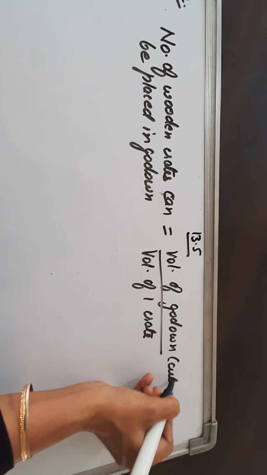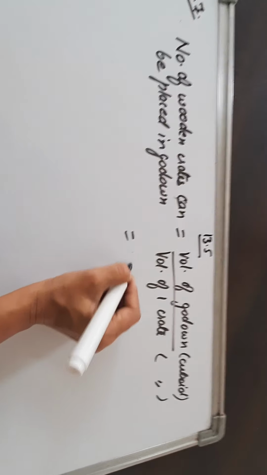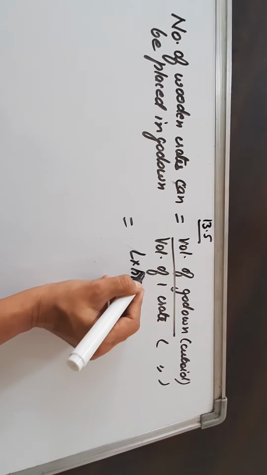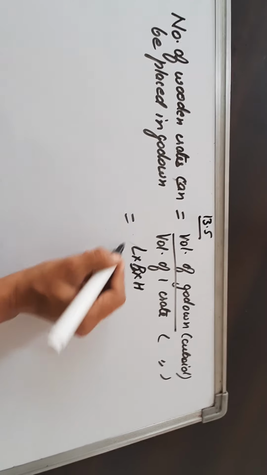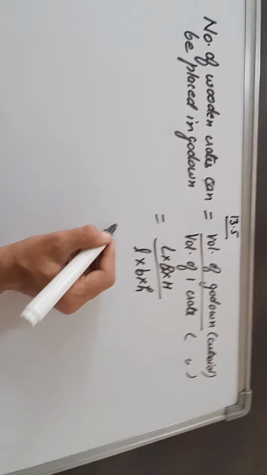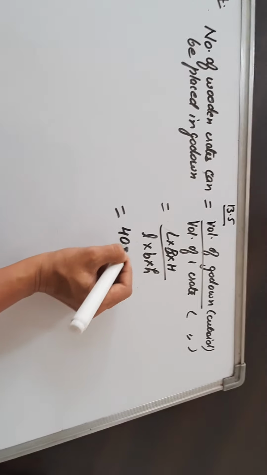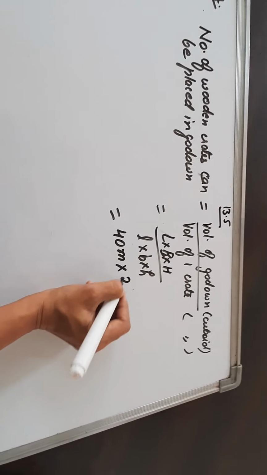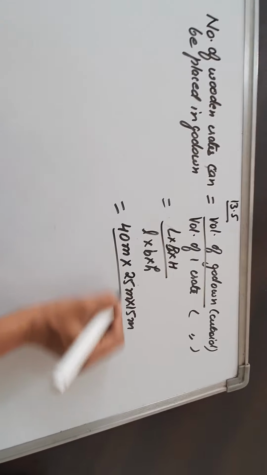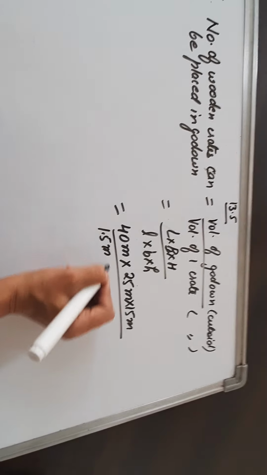Again, both the things are cuboidal in shape, so both formulas will be L into B into H and L into B into H. So let us put the values. For godown, the values are: length is 40 meter, breadth is 25 meter and height is 15 meter. And for the crate, the dimensions are 1.5 meters.